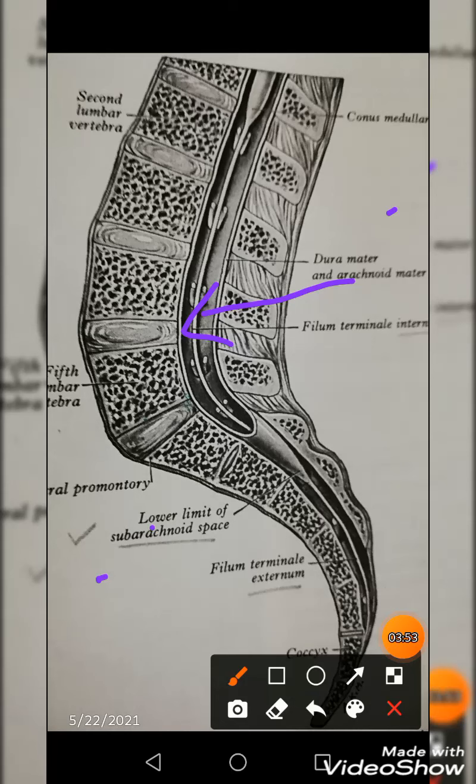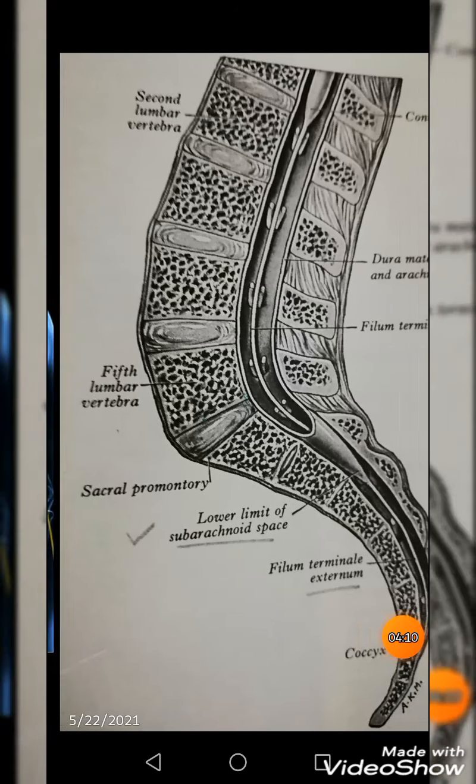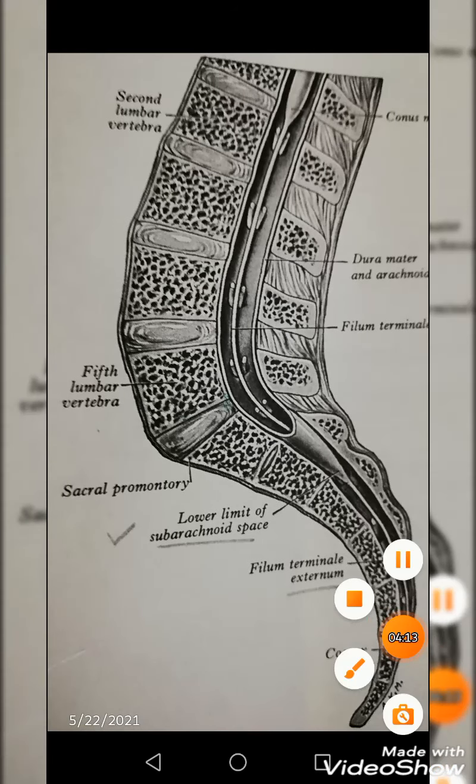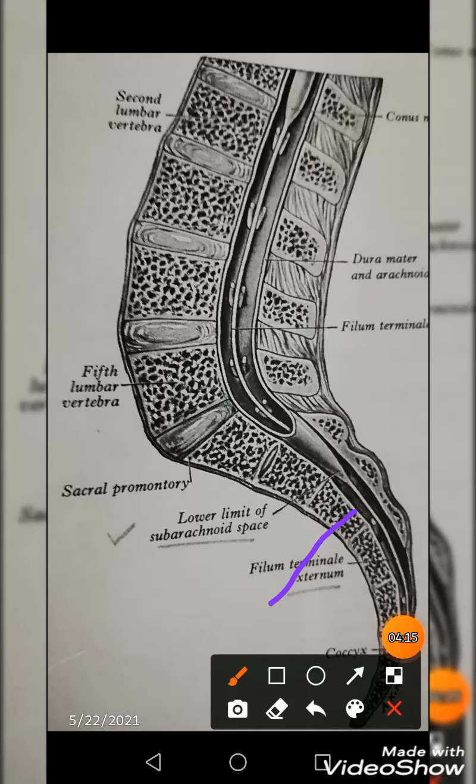And definitely here the dura and arachnoid mater, along with the subarachnoid space that is filled with CSF, extend up to the S2 sacral vertebra. And then you can visualize the lower end of that filum terminale, which is 5 centimeters long, called the filum terminale externum.